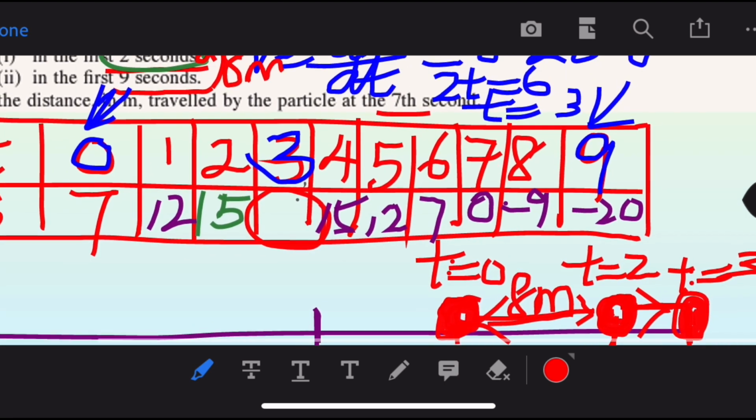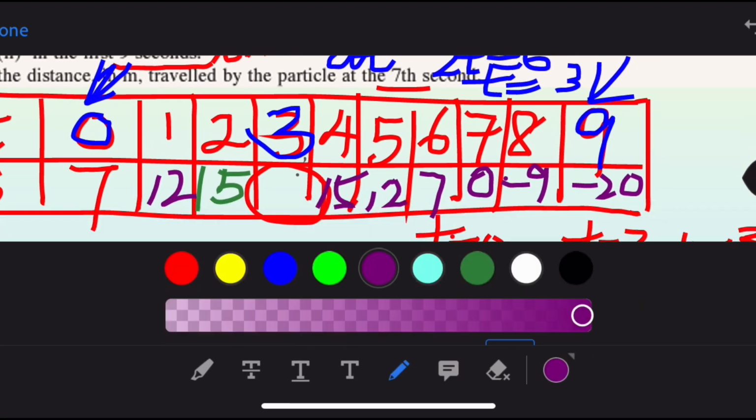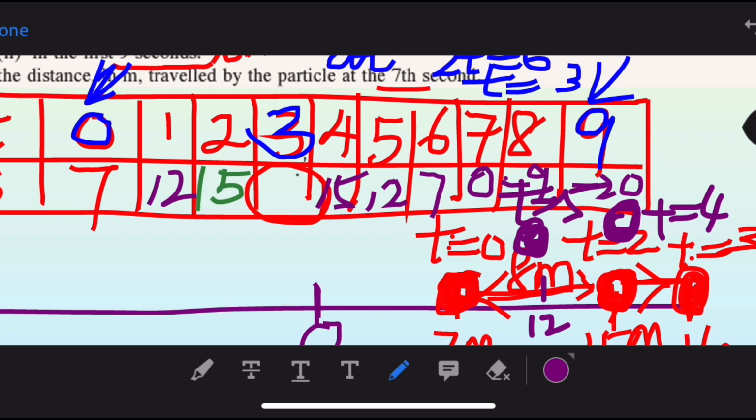So let me use another color to show it coming back. Okay, so at t equal to 4 here, t equal to 5 is 12, t equal to 6 here. Okay, the purple one is coming back. Okay, t equal to 7 is here, 7 seconds, you come back to the origin.